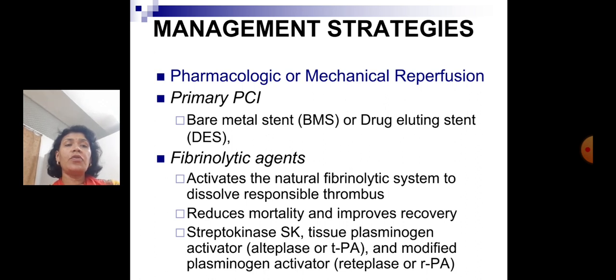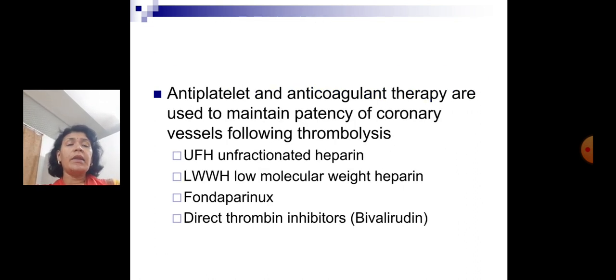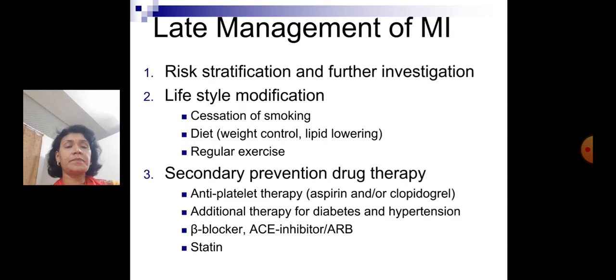Streptokinase, tissue plasminogen activator, alteplase or TPA, and modified plasminogen activator, that is reteplase or RTPA, can all be used. Antiplatelet and anticoagulant therapy are used to maintain patency of the coronary vessels following thrombolysis. The anticoagulants used are unfractionated heparin or low molecular weight heparin, fondaparinux, or direct thrombin inhibitors like bivalirudin.